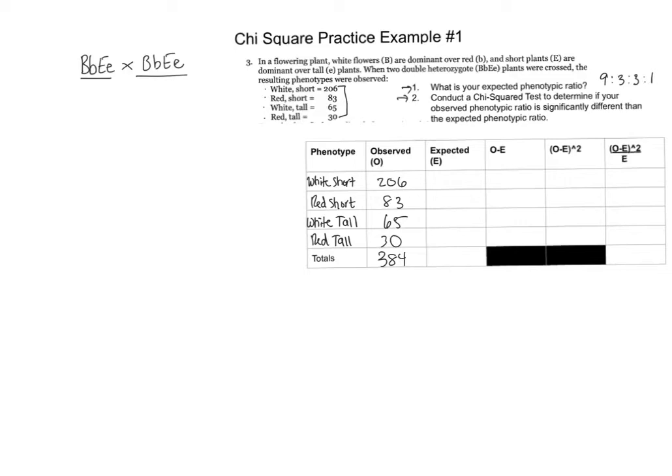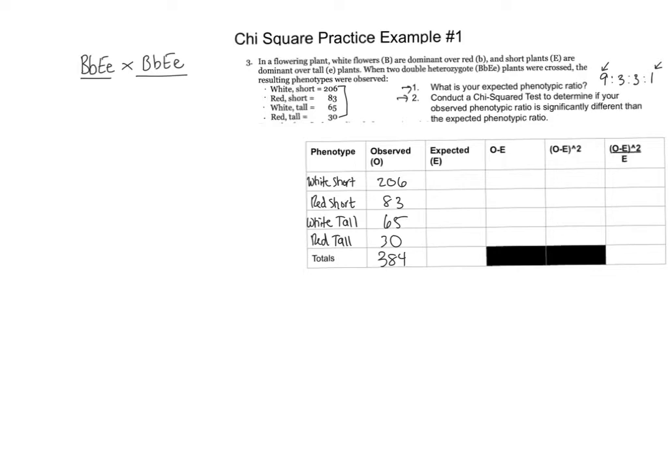And what this means is that 9 out of, if you add these all up, 16. 9 out of 16 is the fraction that represents the amount of offspring who will have both dominant phenotypes, meaning the white and the short phenotypes.